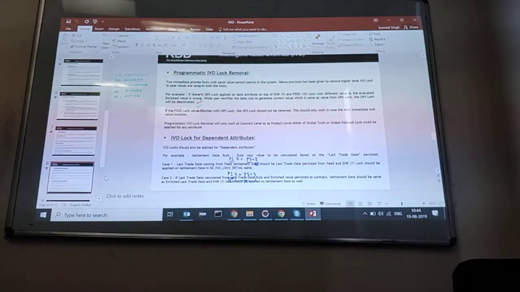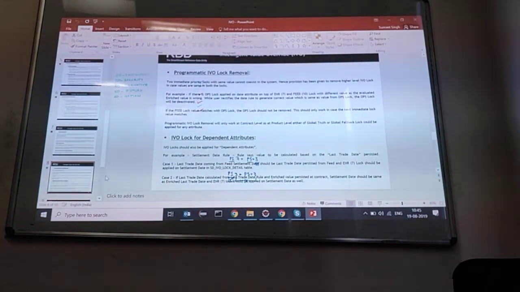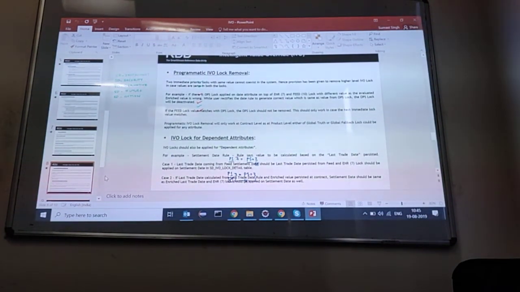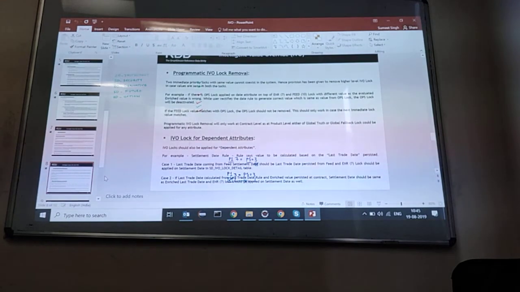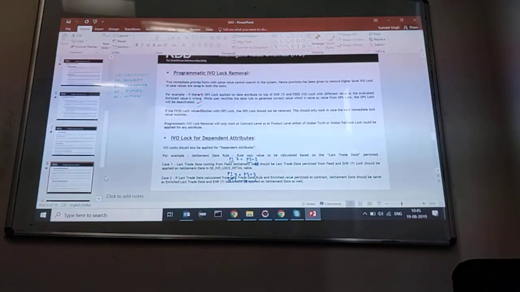What will happen? In this case, the ops log will get deleted automatically. How and why? Because the rule that is written is: if there is the same value in two immediate logs, immediate in the sense of the order of priority, not in the sense of ops coming after enrichment in time, then there should not be the same value for those two logs.